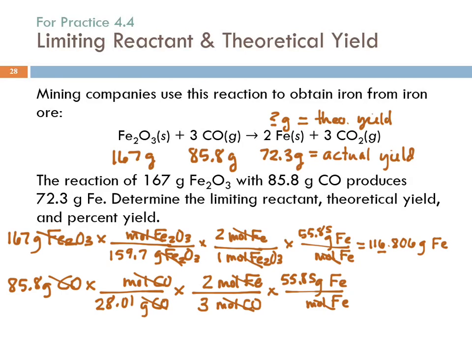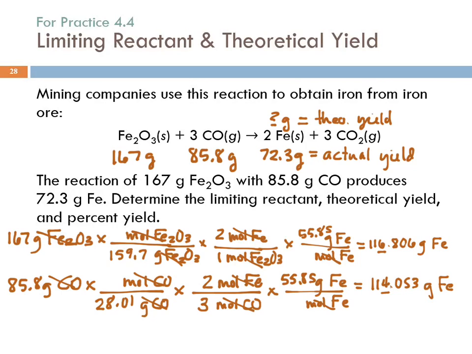So 85.8 divided by 28.01 times 2 divided by 3 times 55.85 equals 114.053 grams of iron.